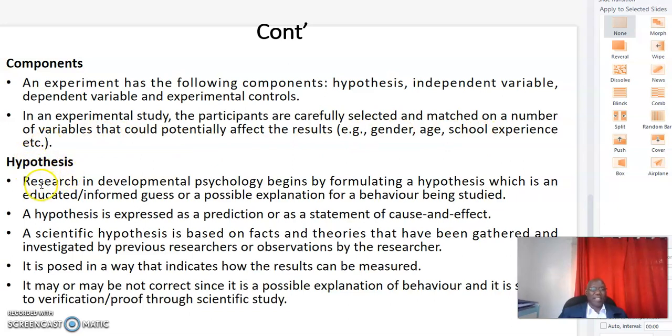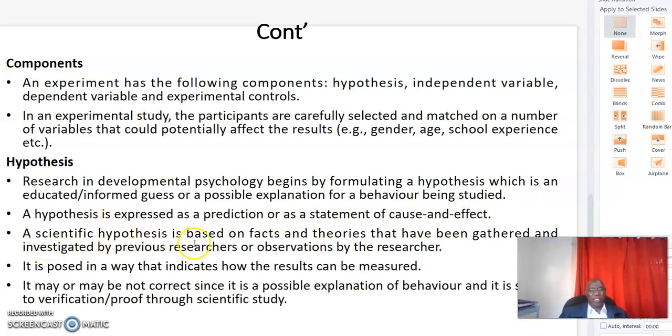Hypothesis. Research in developmental psychology begins by formulating a hypothesis, which is an educated, informed guess or a possible explanation for a behavior being studied. A hypothesis is expressed as a prediction or as a statement of cause and effect.